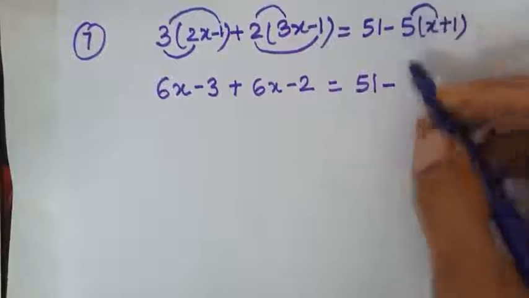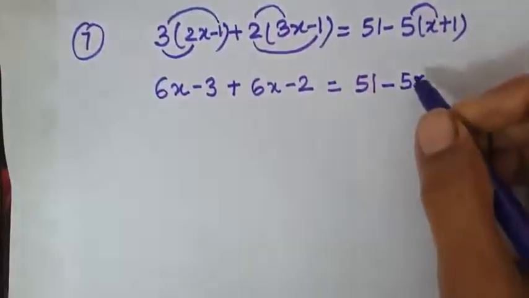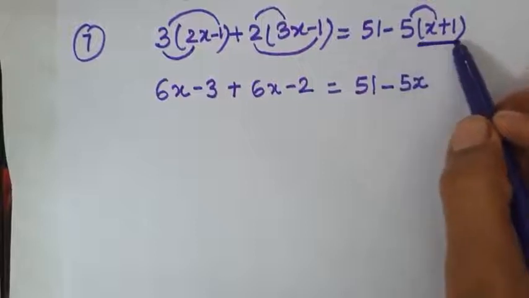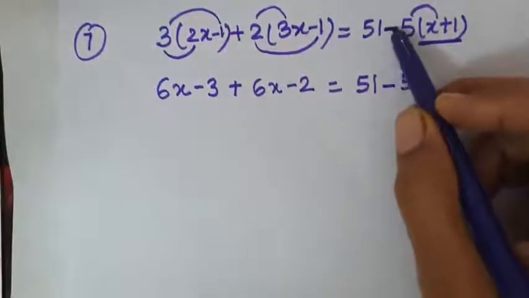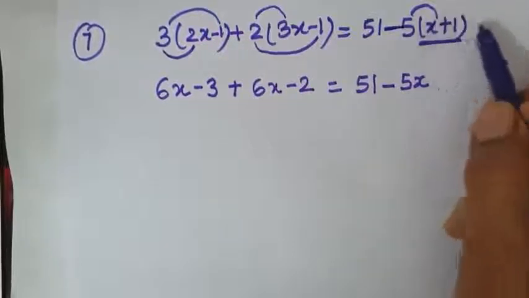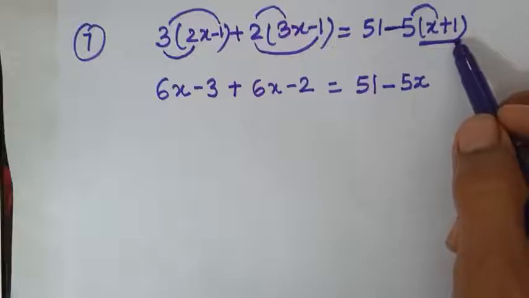Now 51. Now open this bracket also. 5 into x, 5x. Now wait. I told you in the previous lesson that whenever we open the bracket having negative sign outside, we interchange the signs in the bracket.